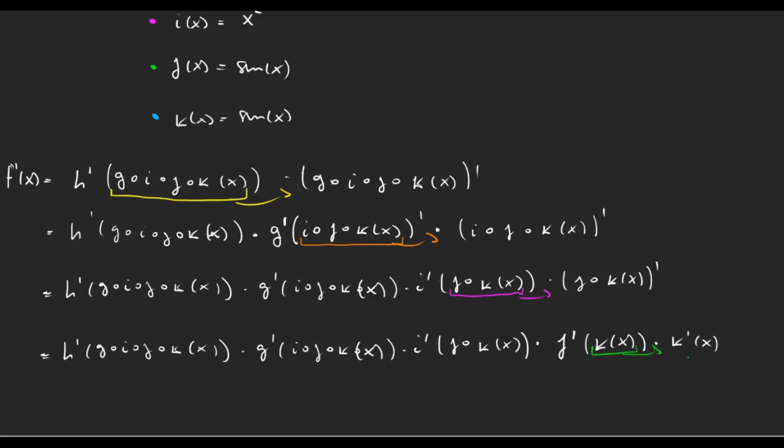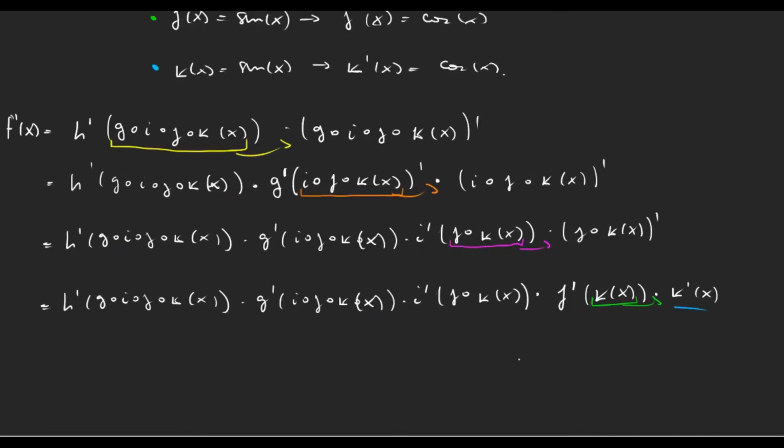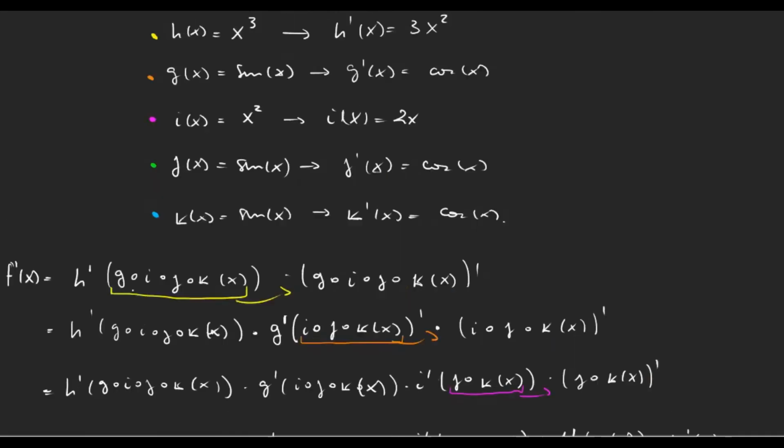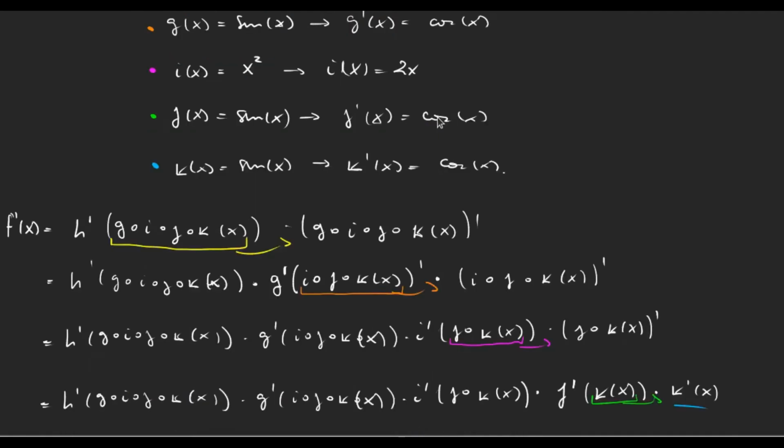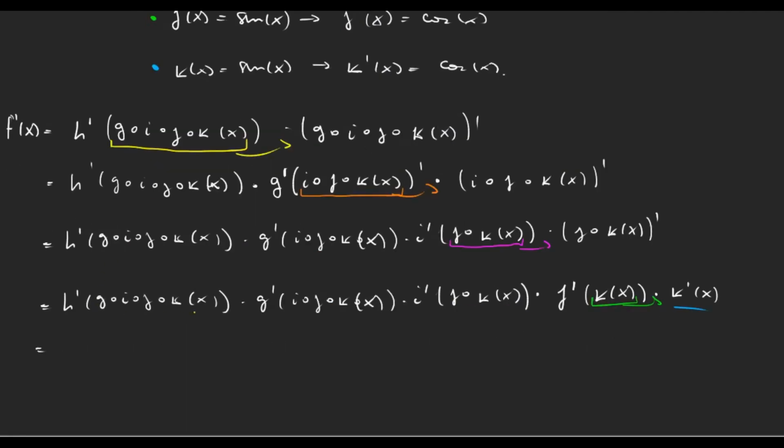And then that was the last function, so we just stop there. So now we have to replace these functions here. We first have h prime evaluated in all this. So h prime is 3x squared. So we're going to have to change this x with all these things here.